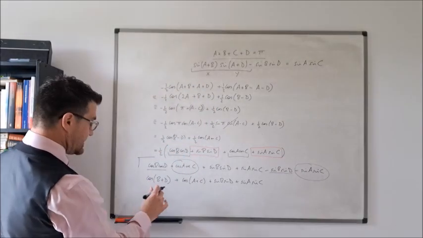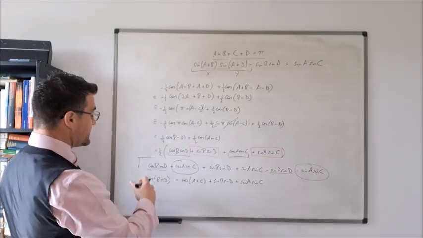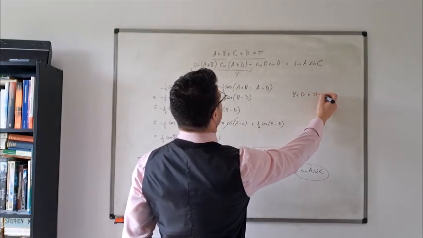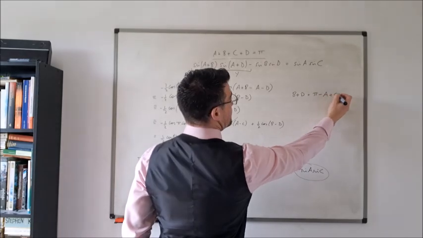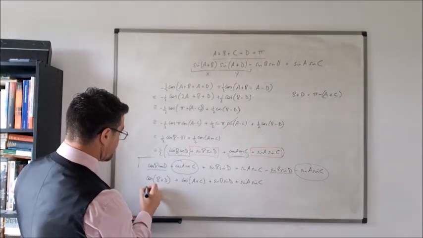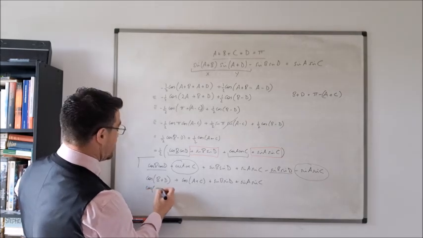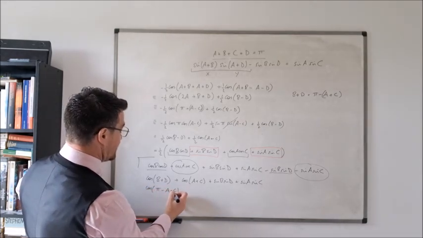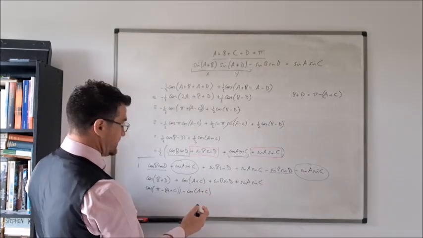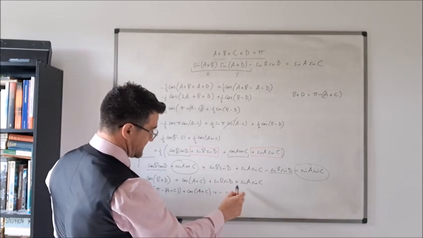So then what I did was I recognized that b plus d is equal to pi minus (a plus c). So bring that down here. I get cos(pi minus (a plus c)) plus cos(a plus c) plus all of this here.